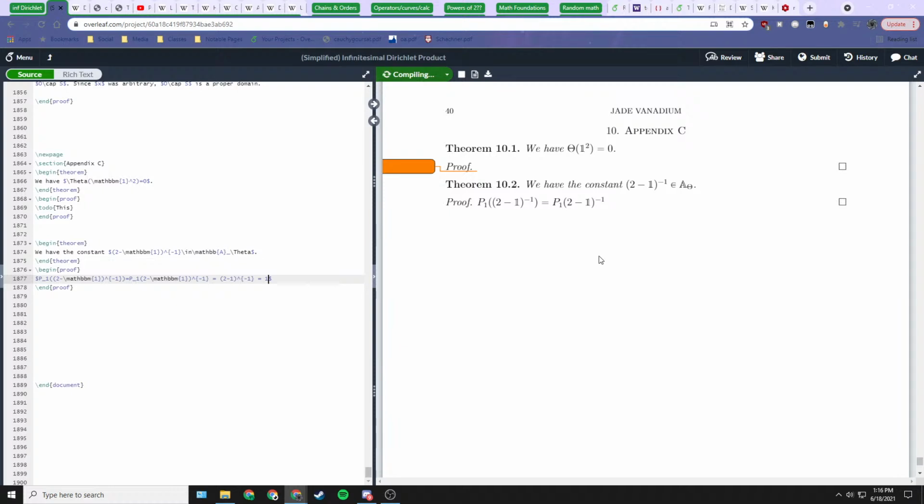So we end up with P1 of this constant is 1. So in particular, it's a unit. This is the first part. So it is a unit, in case we're worried, so we can take the reciprocal. Or sorry, I guess we should have been doing P1 of 2 minus 1. P1 of 2 minus 1 is 2 minus 1, which is 1.